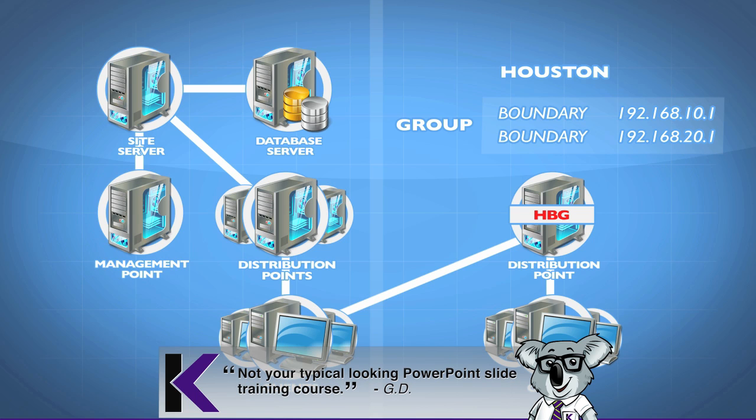Now, one other usage for these boundaries is site assignment. It only happens the first time you take a client and join it into a site. This Houston boundary and boundary group can be associated with the site that would be its closest primary site.